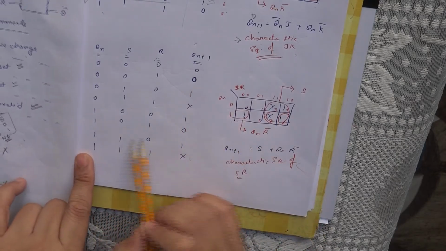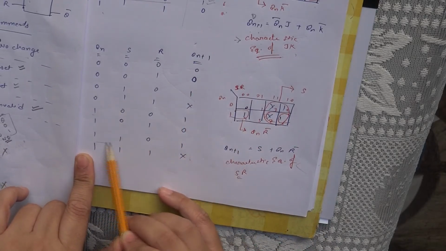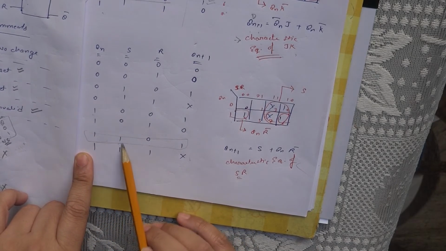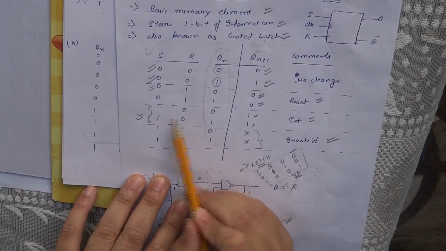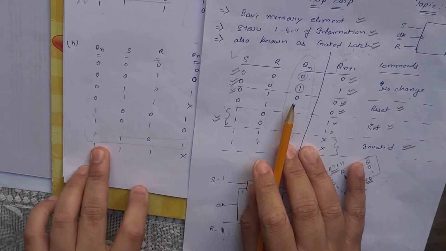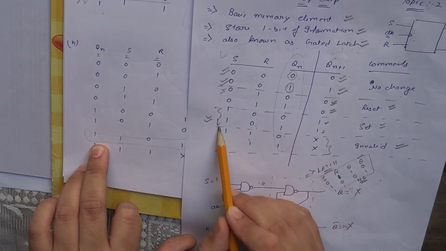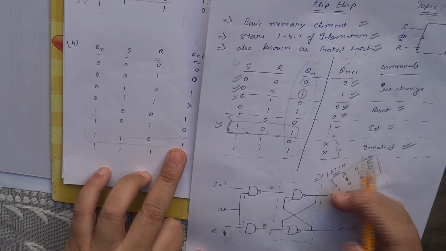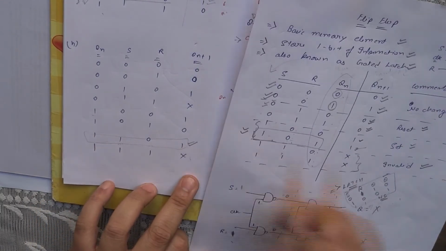Here we randomly check any value. For example, when S is 1, R is 0, and Qn is 1, it defines this row, and your output will be 1. So here we have written the 1.